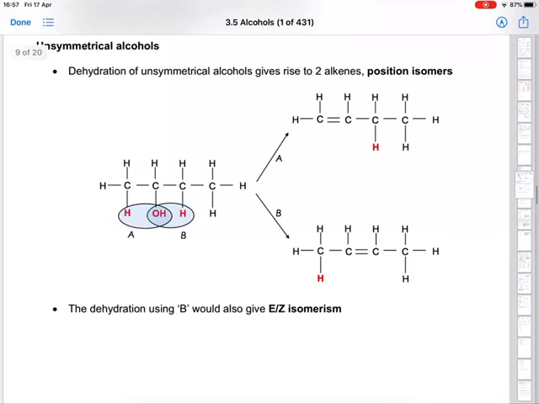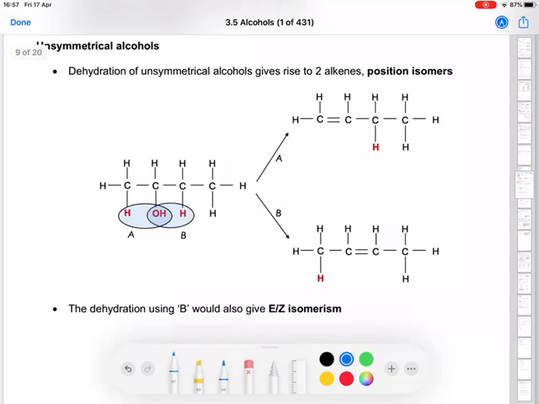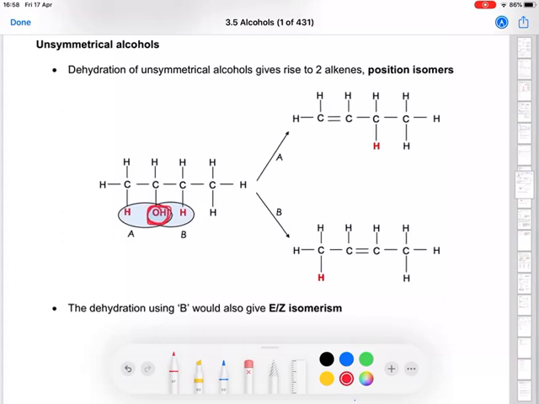The moment you have an alcohol that is unsymmetrical, you can get 2 different types of alkenes formed. Remember what happens. The OH is taken off, so there's the OH there, and it takes with it, to make the water, a hydrogen on an adjacent carbon. Well, that's the carbon that the OH is on, which means the adjacent ones, which I'll do in blue, is here and also there.